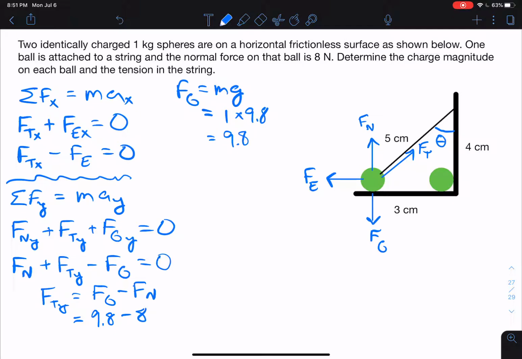So that means if I want, let's do the cosine of theta. Cosine is adjacent over the hypotenuse.